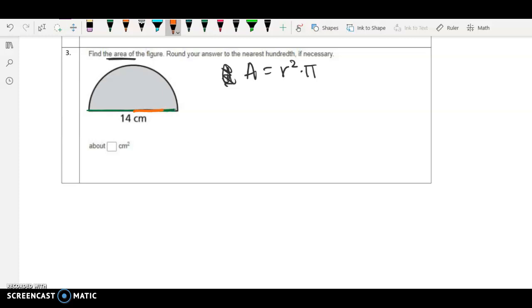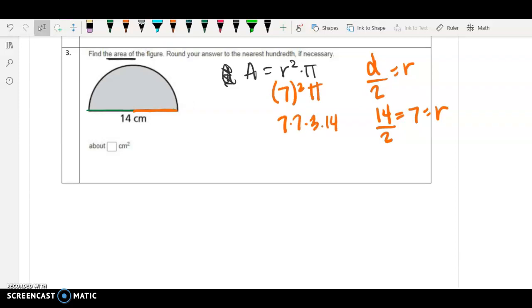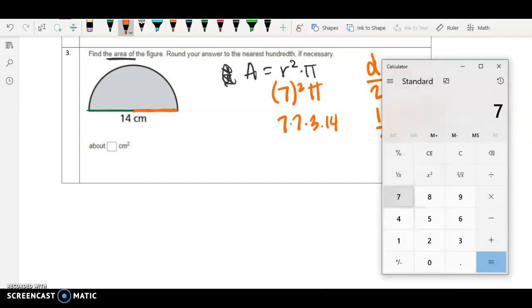We only want to go halfway across to find the area. So remember, diameter divided by 2 equals our radius. So 14 divided by 2 equals 7, which is our radius. So we're going to do 7 times 7 times 3.14.